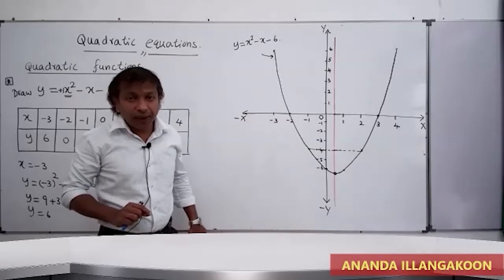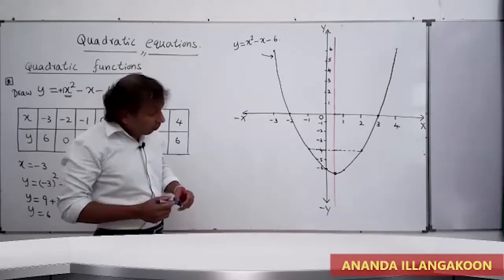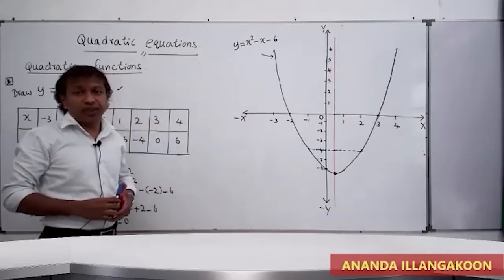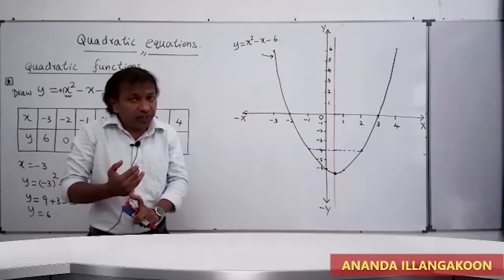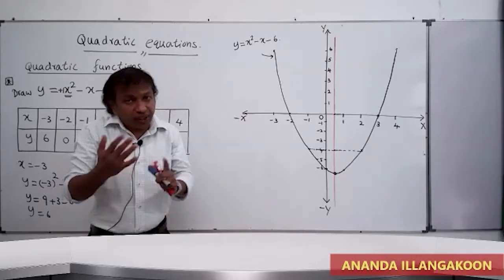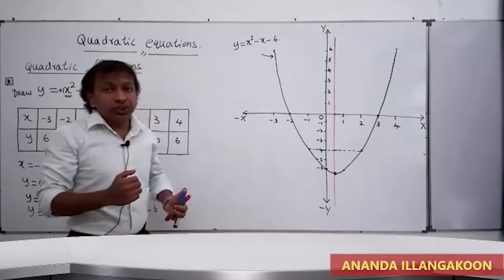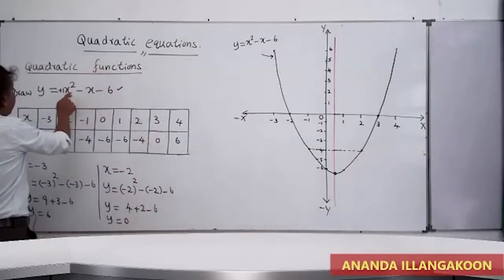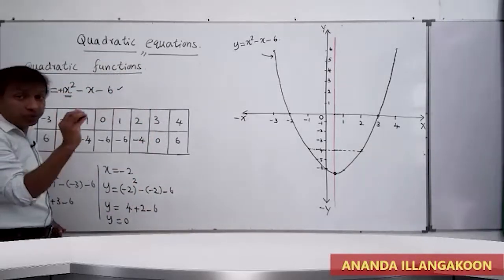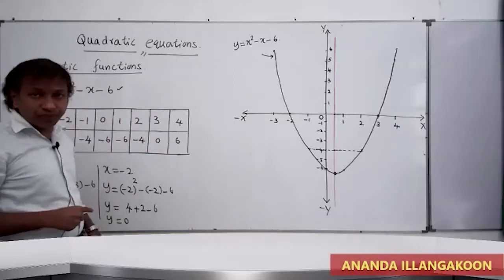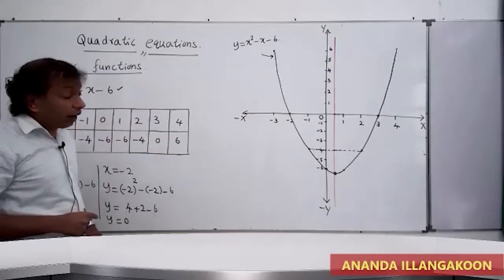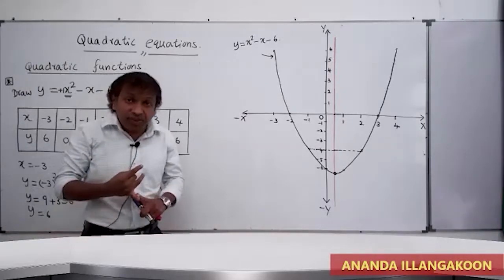Okay, then people, what are the properties? The graph is a minimum graph. How do we identify whether the graph is minimum or any other type? Using the x squared coefficient. If the x squared coefficient is positive, then the graph is always minimum. And the graph has an axis of symmetry.